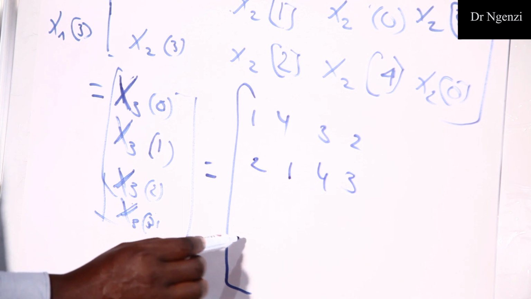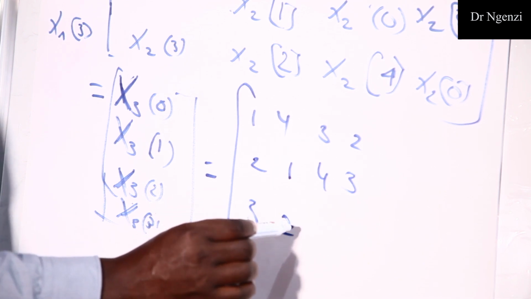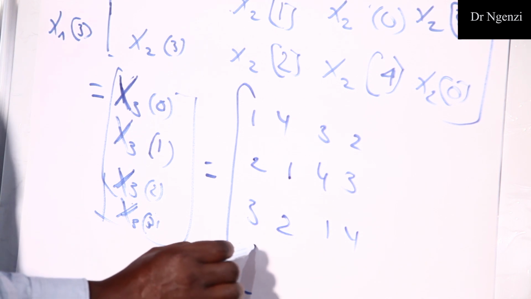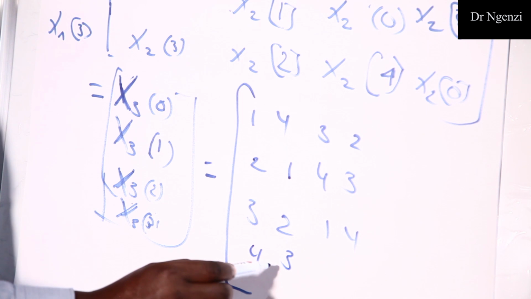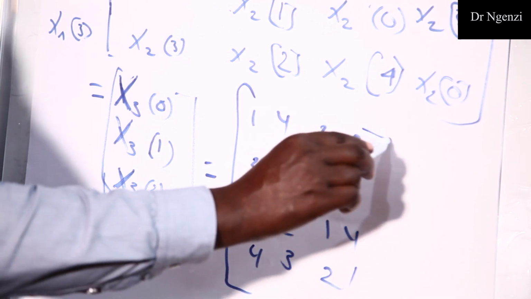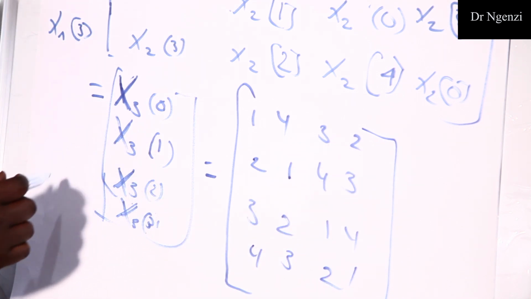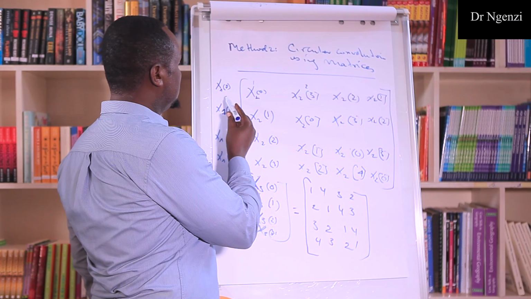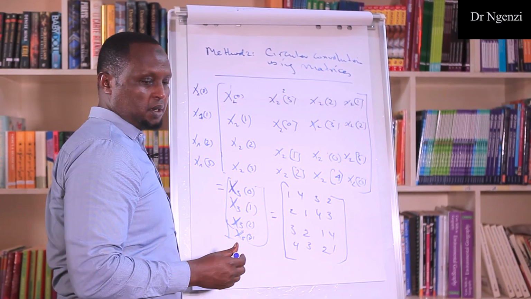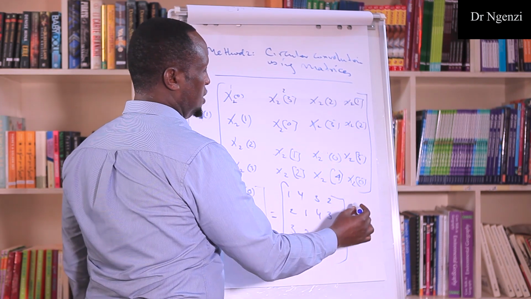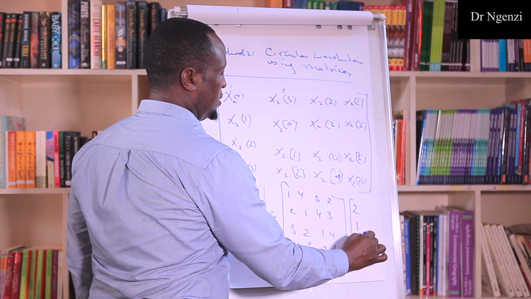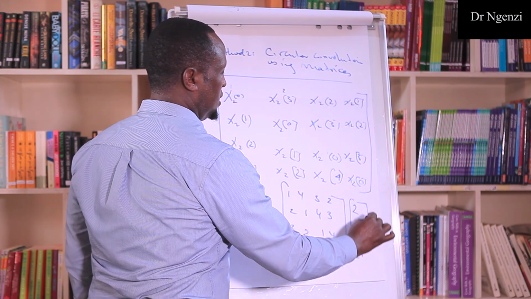You can have also 3, 2, 1, 4, or you can have 4, 3, 2, 1, multiplied by the x1, of course. Remember, this is the x2 format. Now we are going to put the x1. So remember, the x1 was 2, 1, 2, 1 in this case.